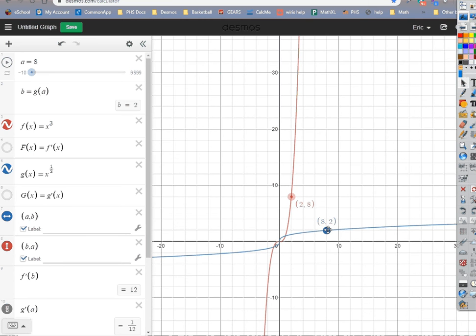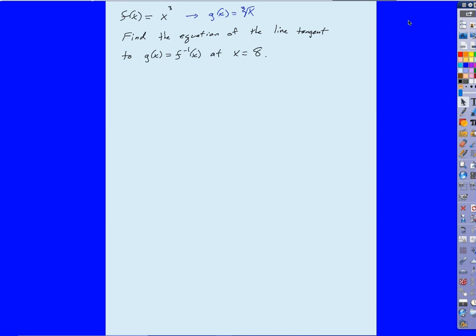If I want to come up with the equation of the tangent line, well, I've already got the point of tangency. That's no big deal, right? It's just 8, 2. It's what I get when I transpose the x and y coordinates of my original function.